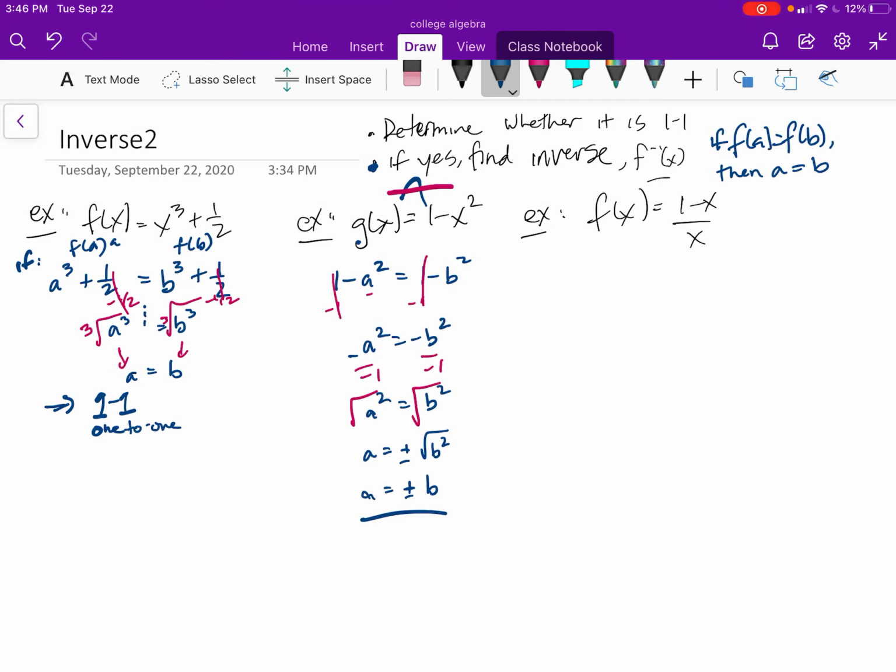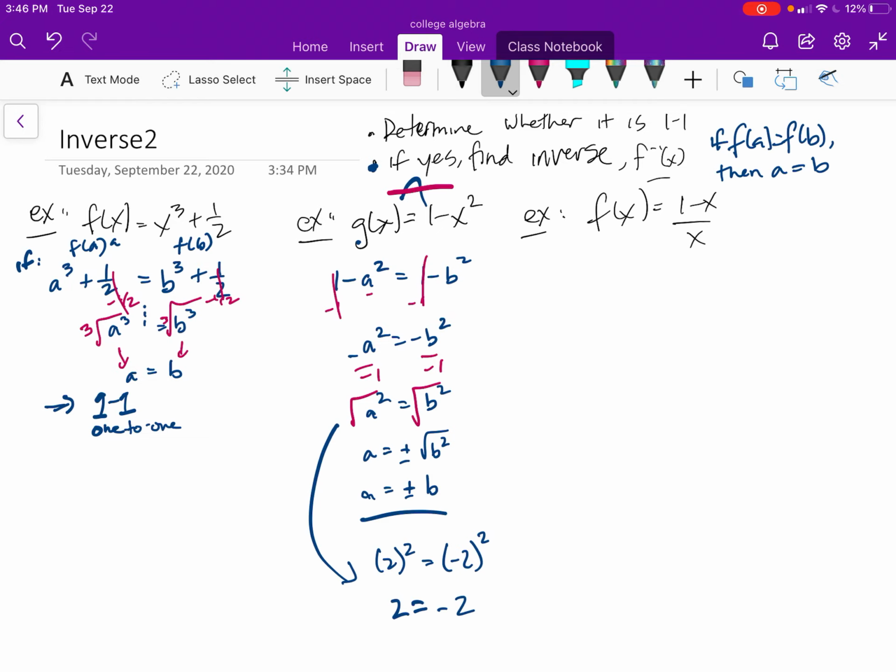So let me prove this right here, if you're still kind of, I don't get it. What is 2 squared? Does that equal negative 2 squared? Yes. But if you just square rooted, you're telling me that 2 equals negative 2?